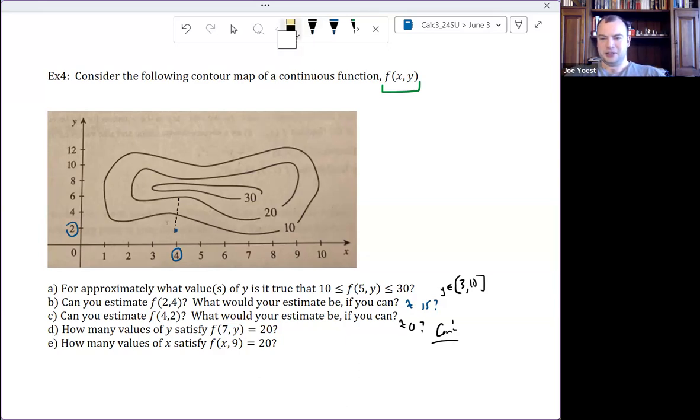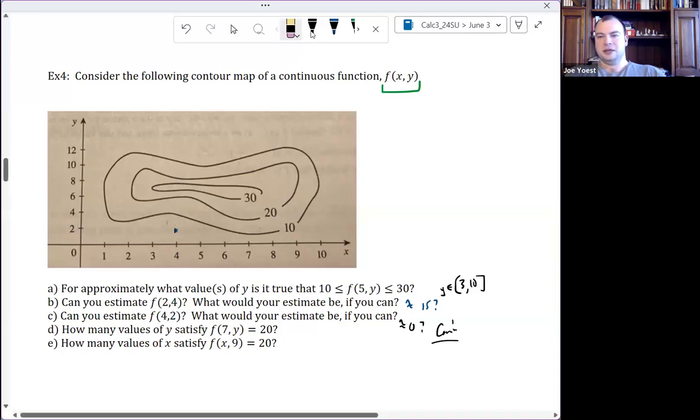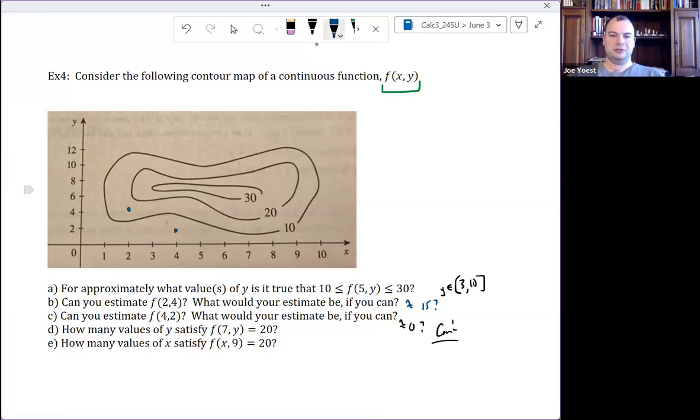But as a side note, this hints at a bigger idea. There's the idea of interpolation. In other words, I have some firm data, and then I'm making an estimate of a data point that lies within that data. That would be something like this.